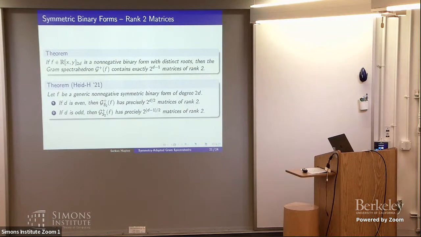Oh, I see. So in a sense, this result is general, because if you have the same roots, you can reduce it. That's right. There are no surprises if you don't have distinct roots. But what happens if you have two sets of roots that are the same? Let's say I have degree 10 and I have two roots that are the same, and then two other roots that are the same.